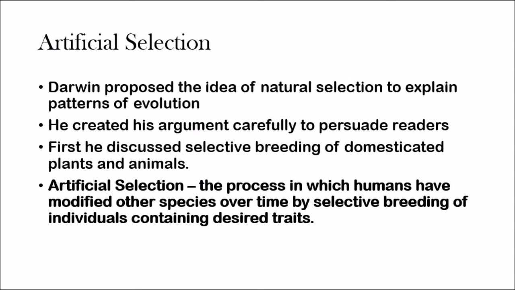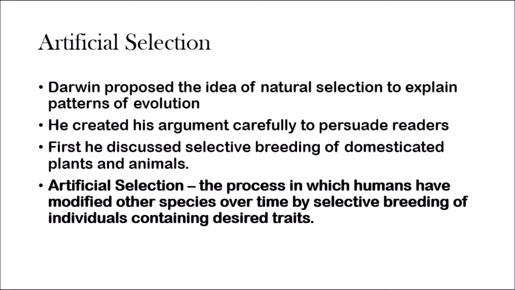So let's say that a farmer went out and he made 1,000 corn stalks, and 50 of them had this unique ability to not need as much water as the other 950 around them. So the farmer will take those 50 corn stalks and breed them with each other so that he can have more corn which doesn't need as much water.